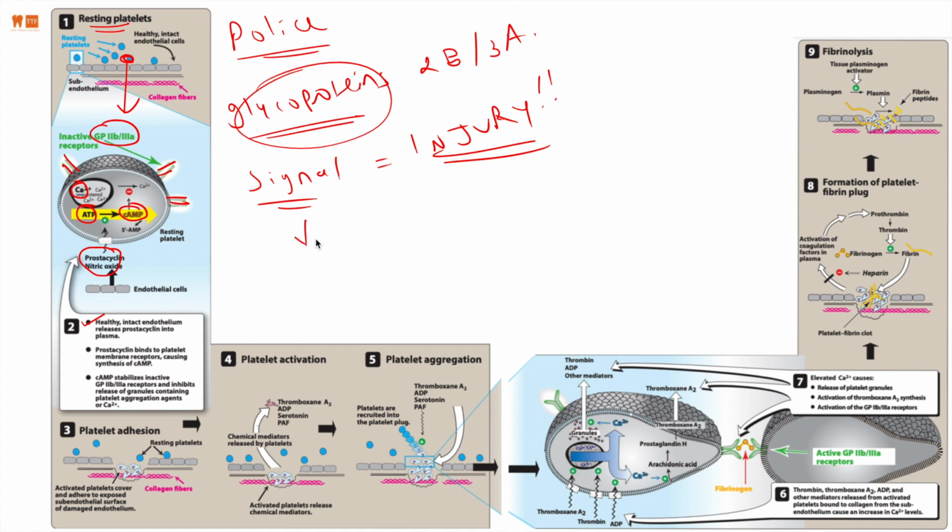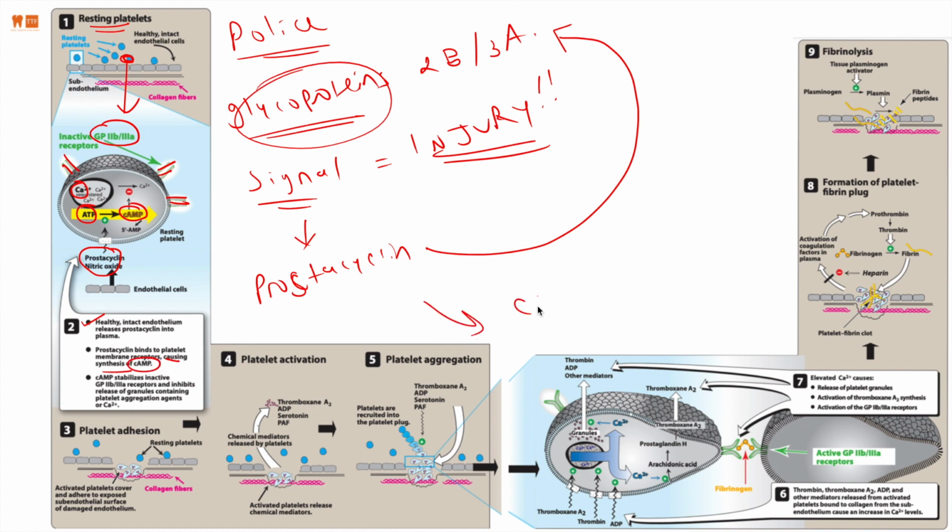Basically, an injury signals, they release a walkie-talkie message, just like the cops do. So prostacyclin is released. They bind to the platelet membrane receptors, so they would then go ahead and bind, right? New forces back up. The police backup is here, and it causes synthesis of cAMP.